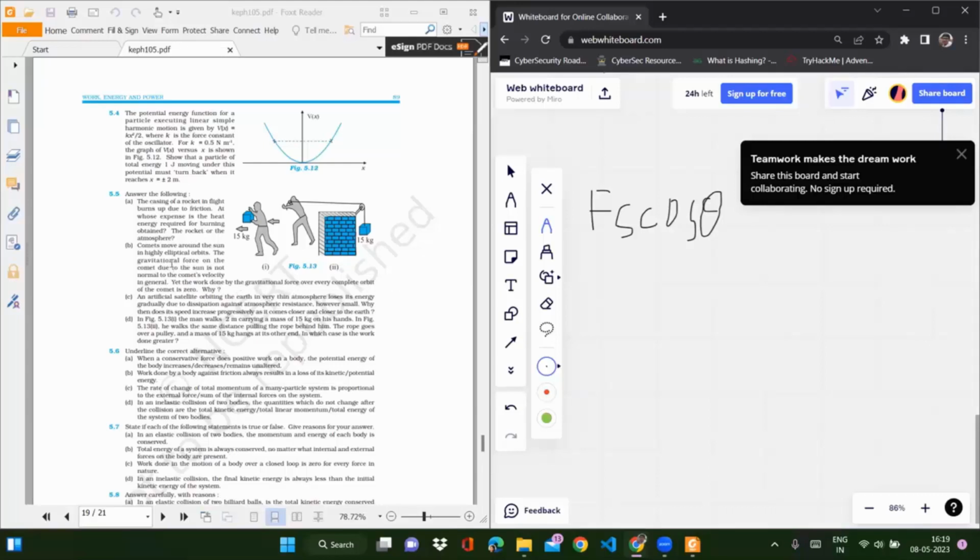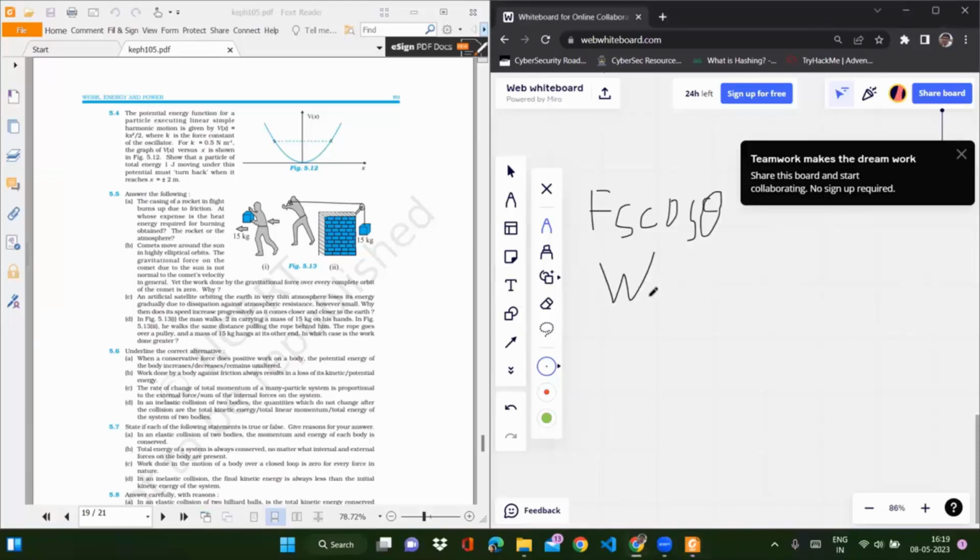Actually, in this case, the gravitational force is an internal conservative force of this sun and comet system. We know the concept of potential energy for internal conservative forces, and it says that the change in potential energy is nothing but the negative of the work done by the internal conservative force.